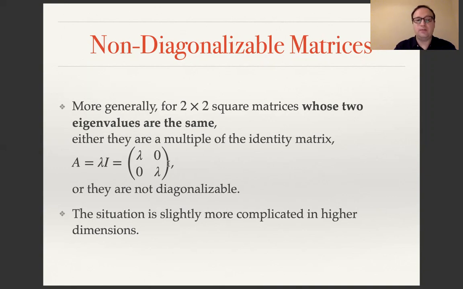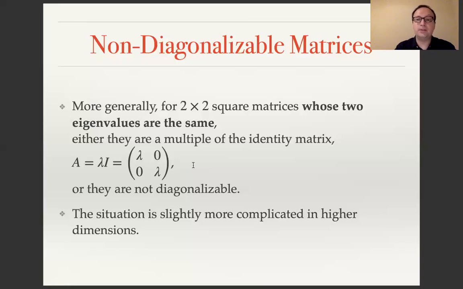So if a 2 by 2 matrix has a double eigenvalue, so if the 2 eigenvalues are the same, and if it is not just a multiple of the identity matrix, this implies that it is not diagonalizable. And if the 2 eigenvalues are different, so if lambda 1 is not the same as lambda 2, this implies that the matrix is diagonalizable.